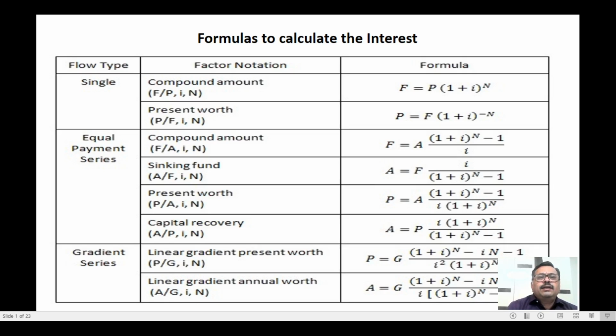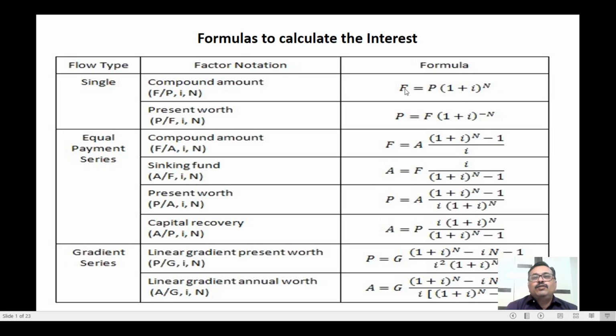In some books they use capital N and some use small n for the time period, that is, the time period for which you have to calculate the interest or the amount.